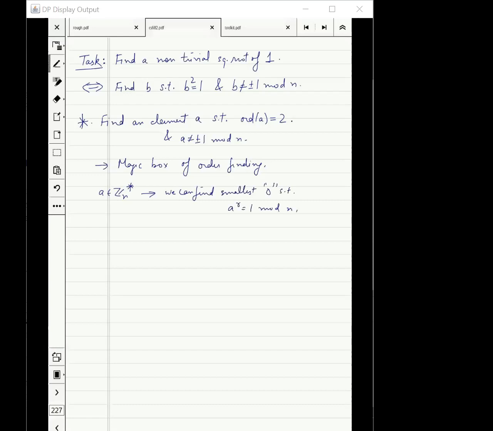In some sense, order finding is solving the opposite problem of what we need, right? Given an element A, it can find the order, but the suggestion was to find an element whose order is 2. So order finding is not really solving the problem which we want, right?